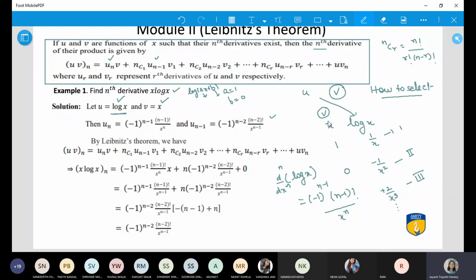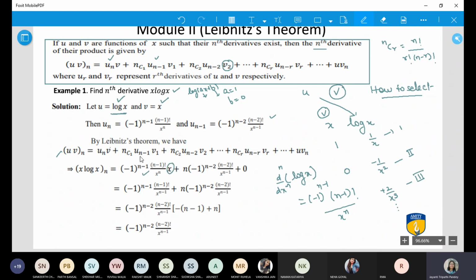Anything that is about to vanish, we take it as v, and anything that will not vanish, we take it as u, so that we start from un. How many terms we will get depends on v. Alright, so now when you expand it, just see the formula. (uv)n is unv plus and so on. The first term is unv, you put the value of un into v, that is x.